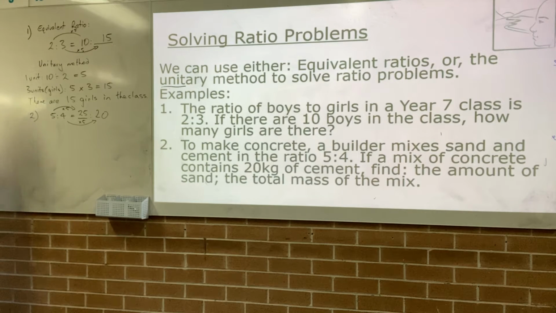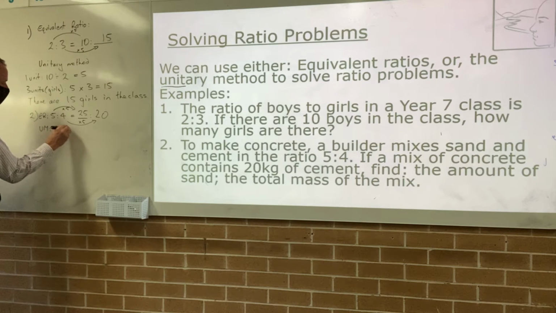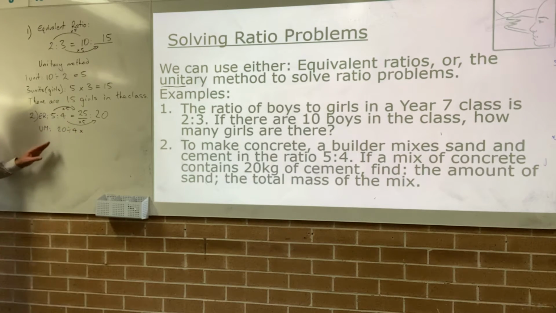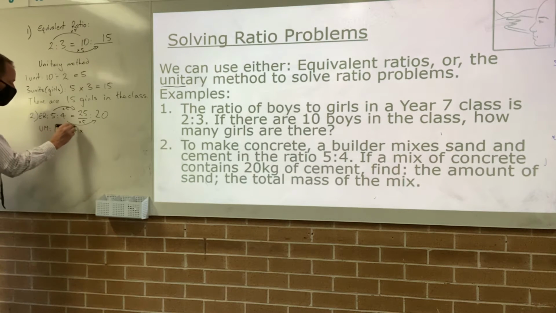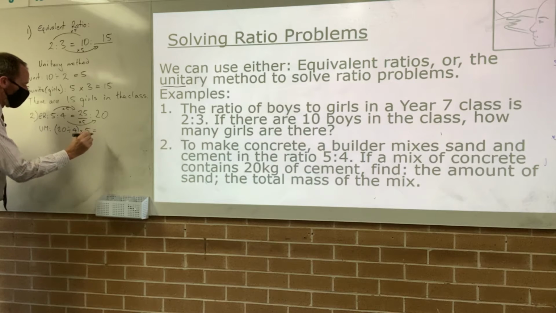But what if I was to use the unitary method? So let's call that ER for equivalent ratios. Let's use the unitary method. This time, I've got 20 kilograms of cement. That's the 4. So I do 20 divided by 4. That gets me 1 unit. And then I'm going to multiply that, so I'm shortening my maths, by 5.